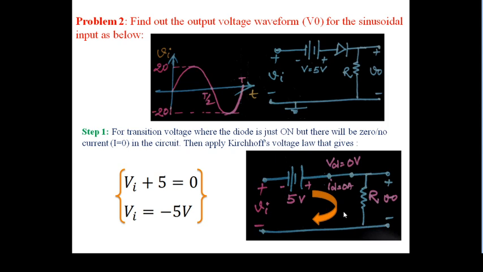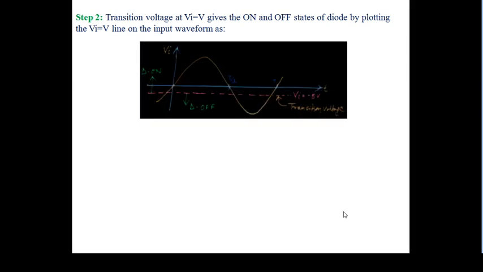After that, the next step is to find when Vi equals V line, which gives the on and off state of the diode, by plotting Vi equals V line on the input waveform. So Vi equals minus 5, a line which is parallel to the time axis.